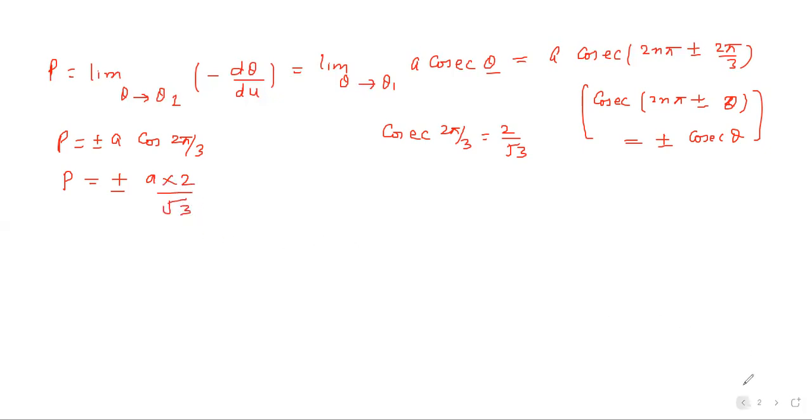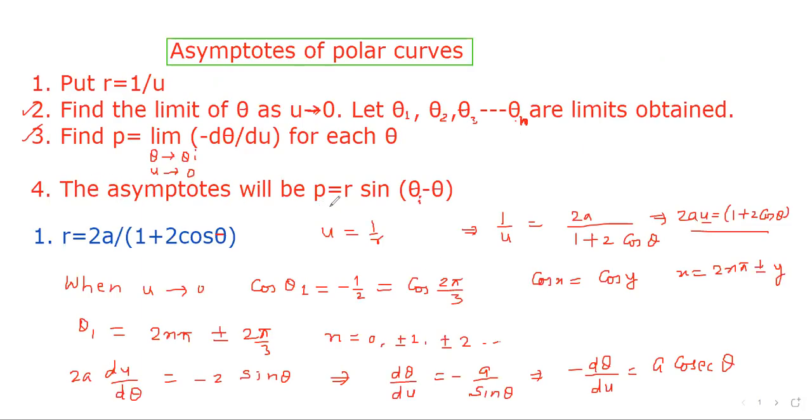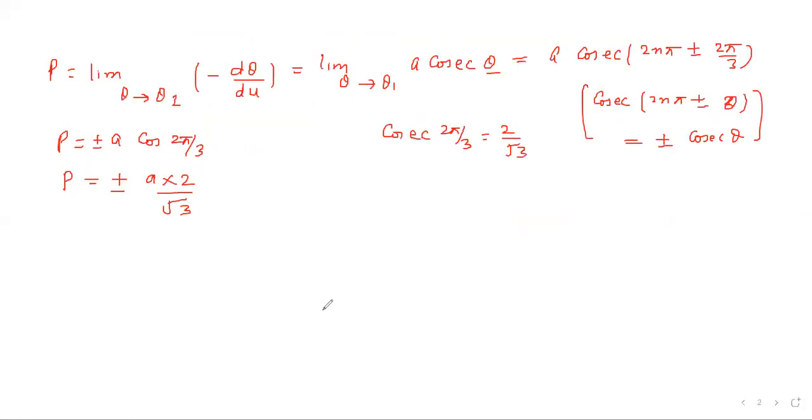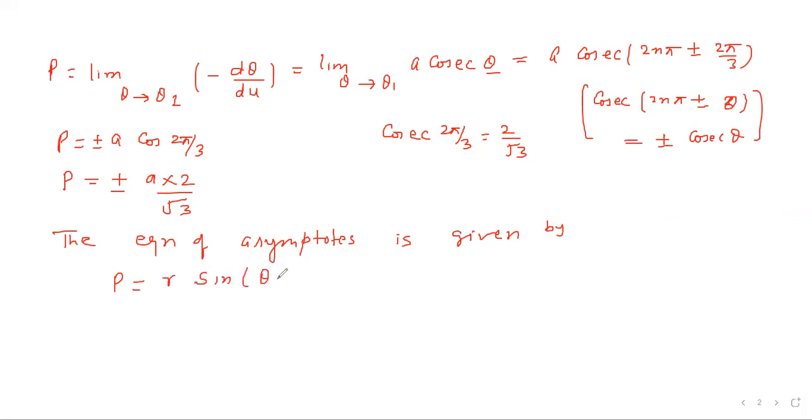Now, the next step is to get the equation of asymptotes in the form of p equal to r sine (theta i minus theta). So let's write it. The equation of asymptote is given by p equal to r sine (theta 1 minus theta).